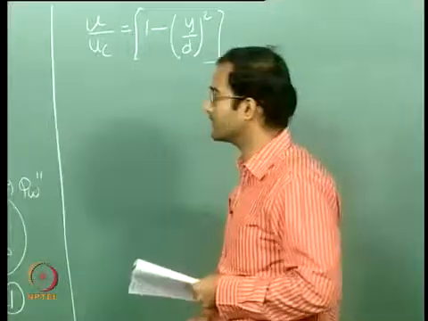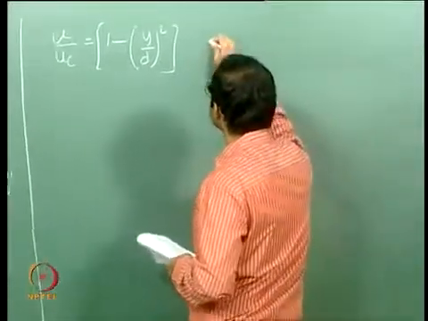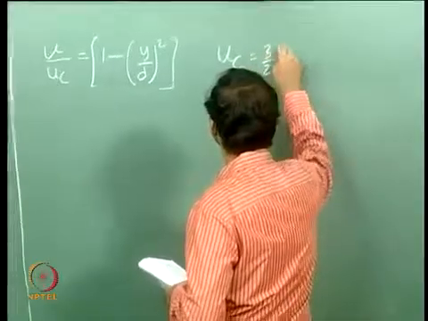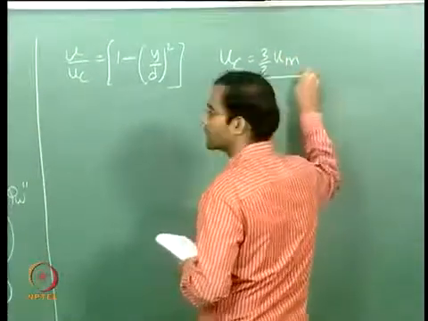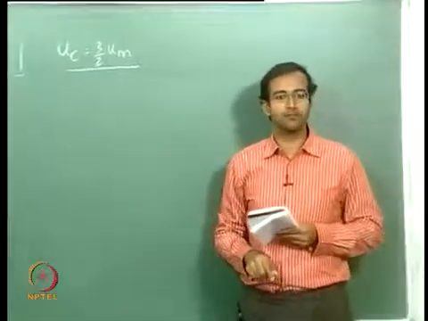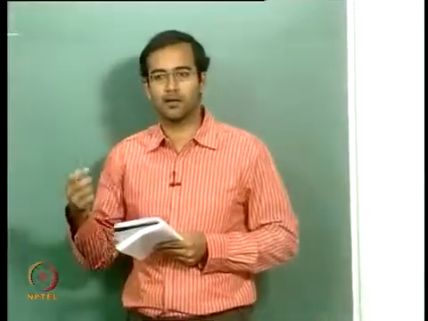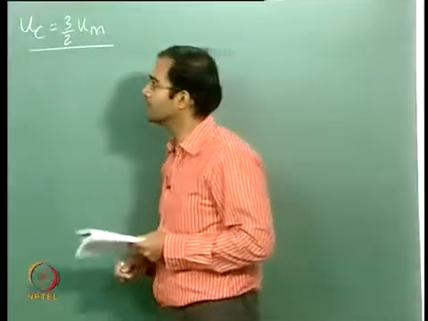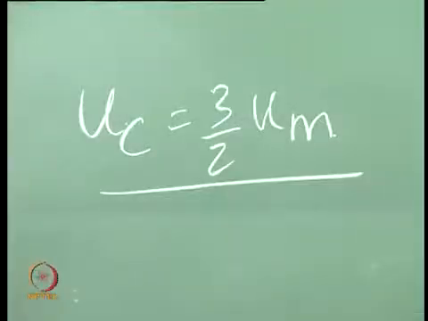In your channel case uc is basically 3 by 2 um, whereas in your circular duct uc was twice um, okay. I have not derived it in class, but I think you have already done this in fluid mechanics and should be able to recollect. So this is basically the velocity profile.